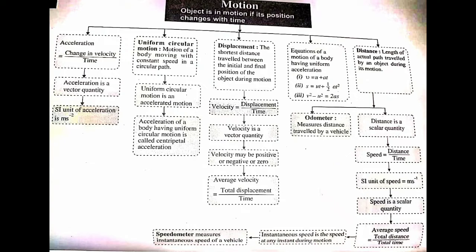The speed of an object is the distance covered per unit time and the velocity is displacement per unit time. Also, we know the acceleration of an object is the change in the velocity per unit time. And uniform and non-uniform motion of an object can be shown through graphs that we have discussed.